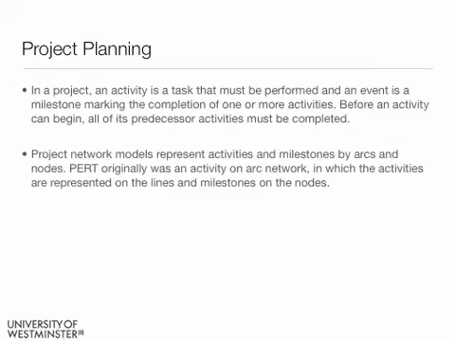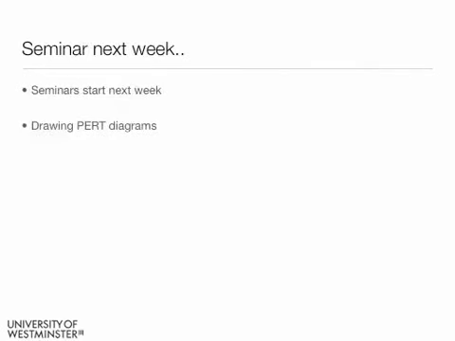Due to the time limitations, we're not going to spend any time looking at activity on arc, but we're going to look at activity on node. Within the seminar next week, you'll be looking at PERT diagrams and drawing an example of a PERT diagram. It's a very useful technique to have for project management.